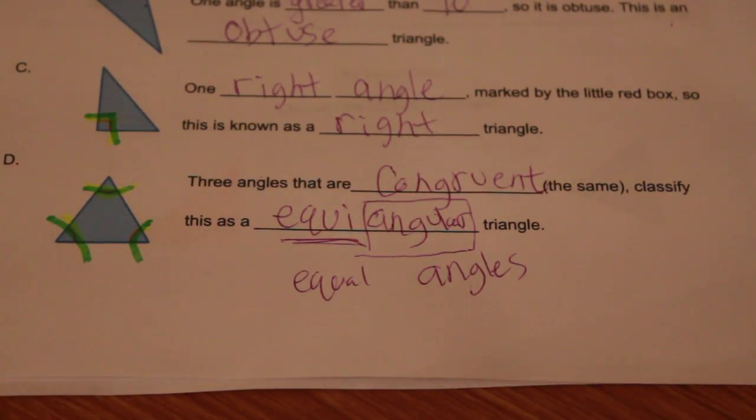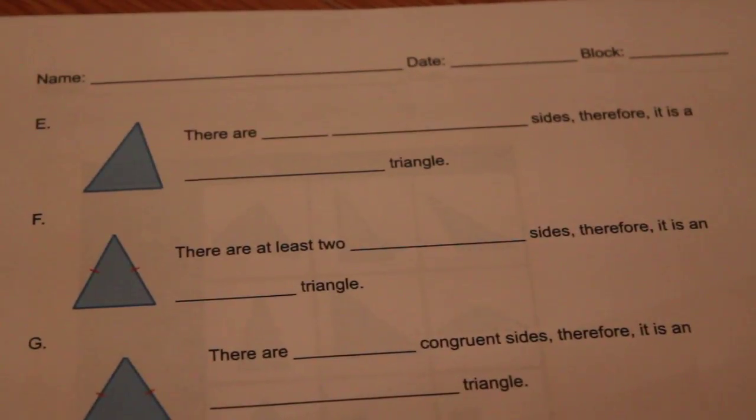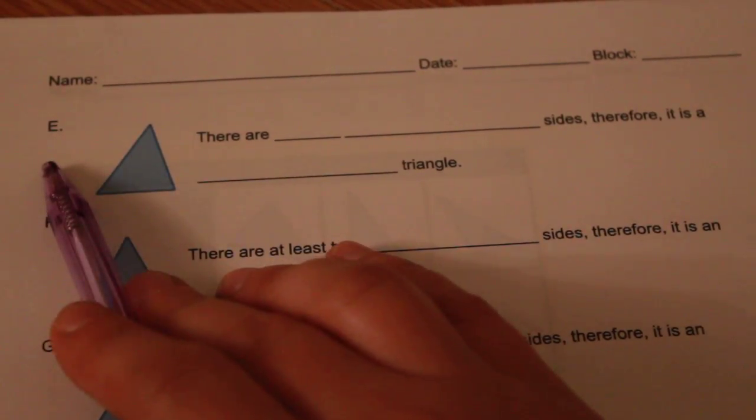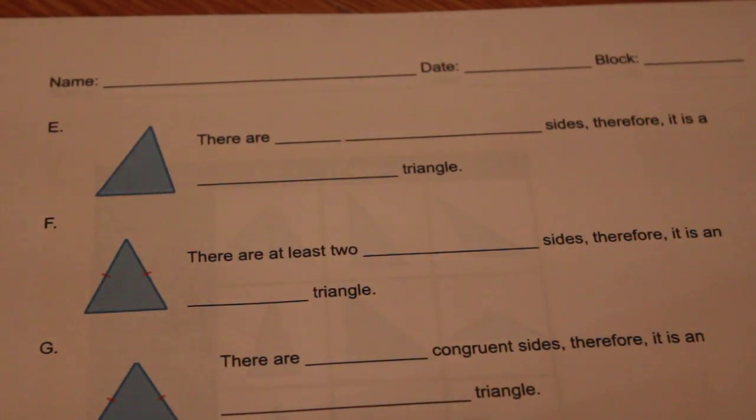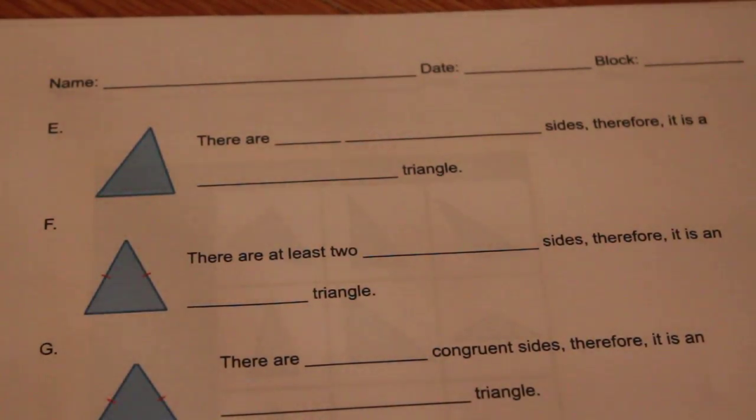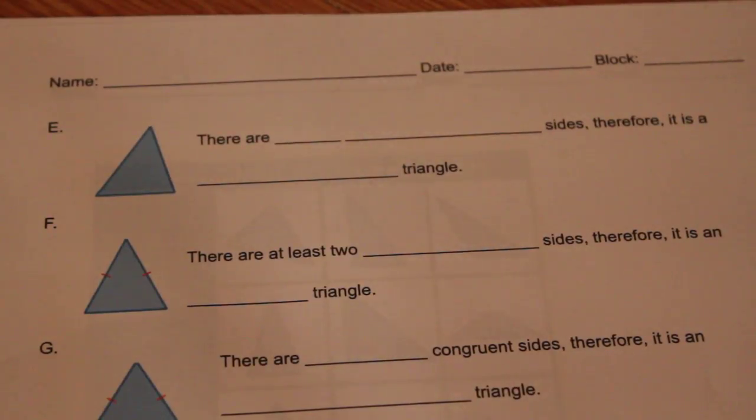All right, when you're ready to, you may flip the page. Now we're at the top of our second page. We're looking at triangle labeled E. This is now the next section where we are looking at labeling them based on our sides, based on the side length.